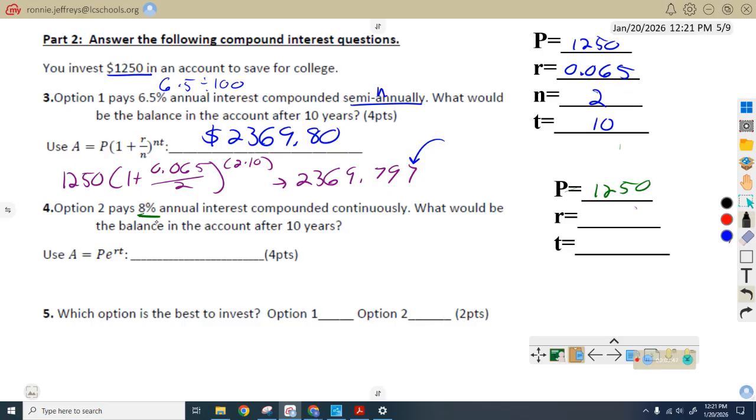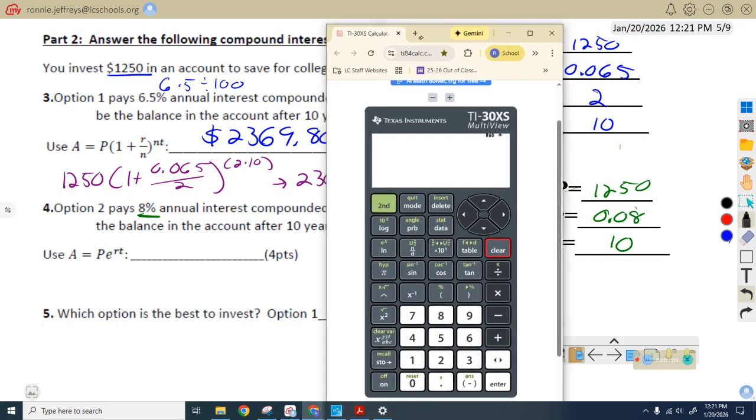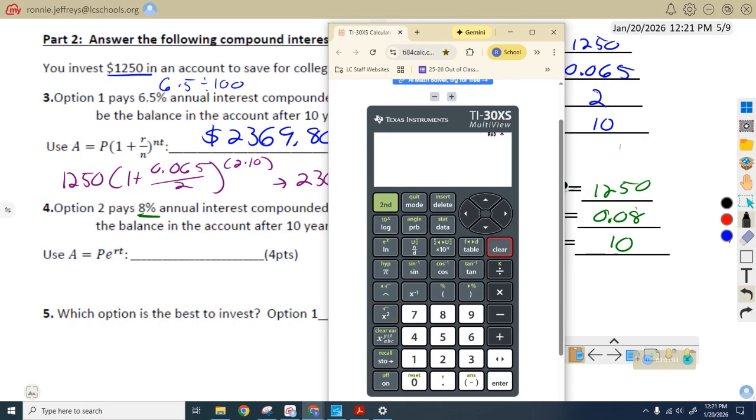Alright, our interest is actually this, and our time is still 10 years. So 1250, 0.08 times 10, 2781.926.